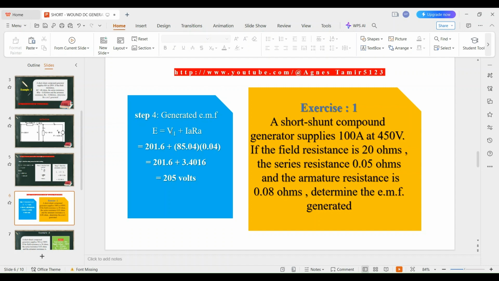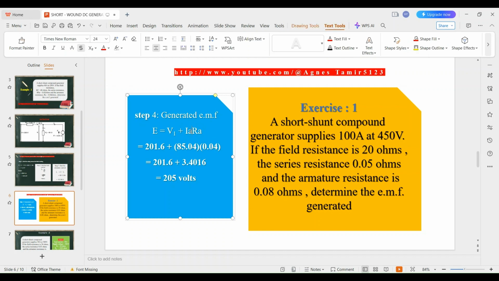You can as well look at that on how to calculate EMF. Now, our V1 is 201.6 volts, and our armature voltage will be given by the armature current multiplied by the armature resistance.